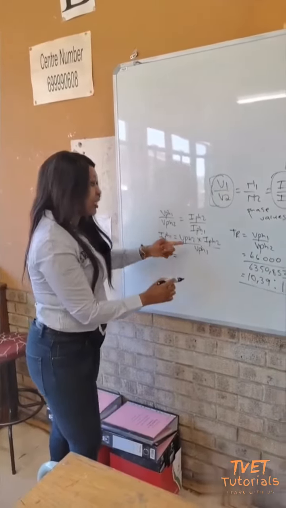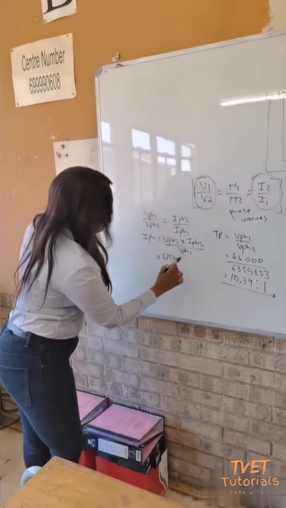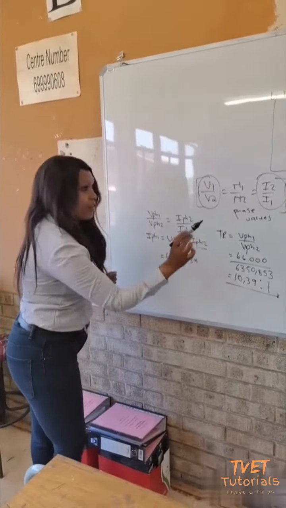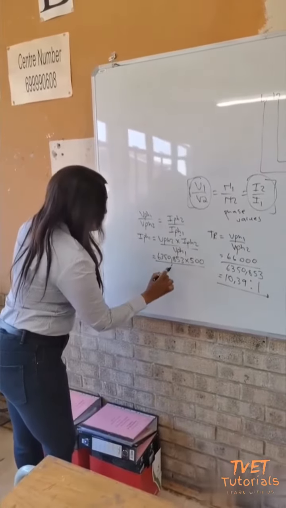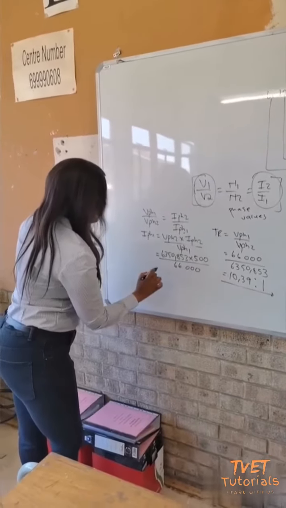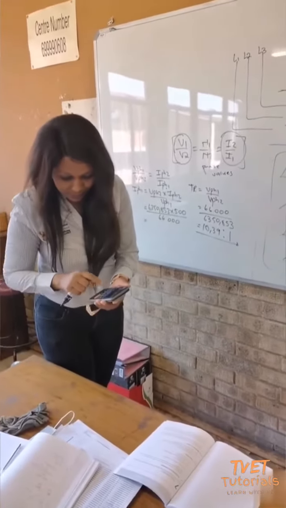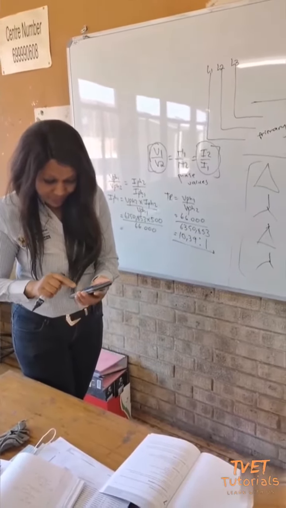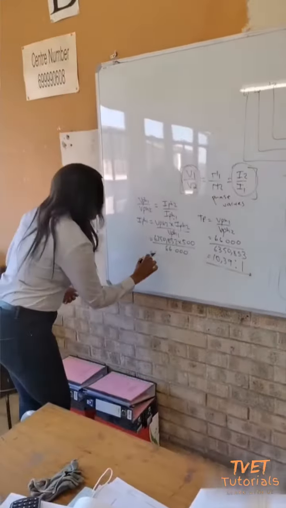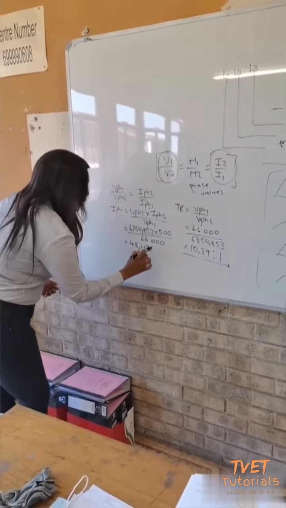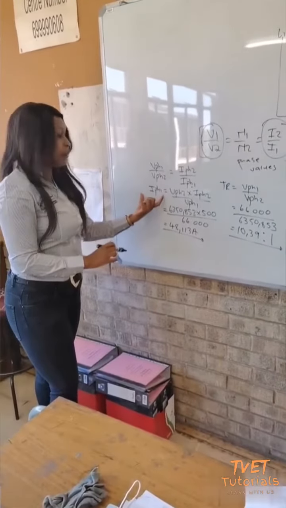Our V phase 2 is 6350.853, multiplied by I phase 2, which we are given as 500. Our V phase 1 is 66,000. Our answer will be 48.113 amperes. But remember, this is the phase current from the primary side.